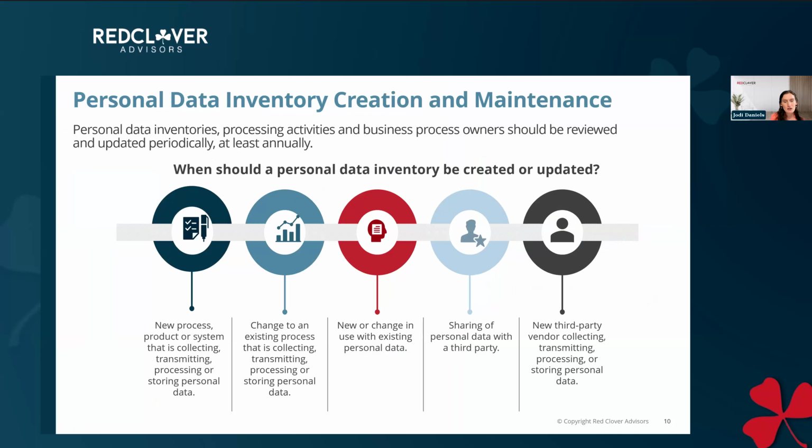When people are creating a new process, a new product, a new system, a new fill in the blank, that is a great time to raise the flag and say, wait, what are we doing that's new? And do we already have that captured in a data inventory, or do we need to add it now? If there's a change in a process, we're already doing a marketing activity, but we're going to do it a little different.